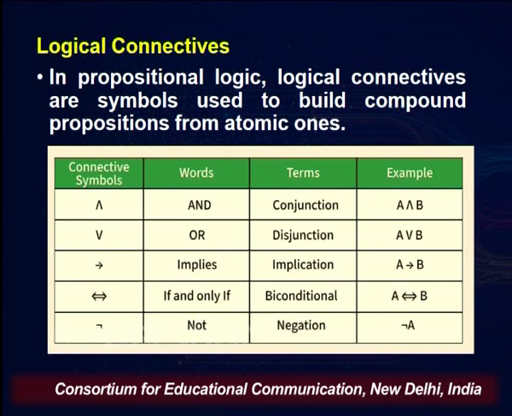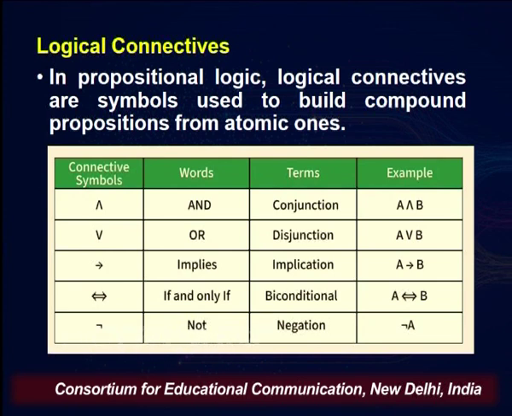For example, A double implies B means A implies B and B implies A also.